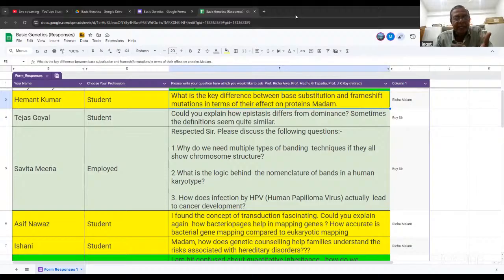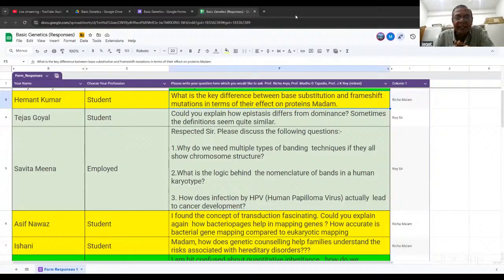Now, let us say the sequence is ATG, TGA. When one base is added, let us say C is added, in place of TGA it has now become CTG. So this is coding for another amino acid, and subsequently from there, all other amino acids will change.